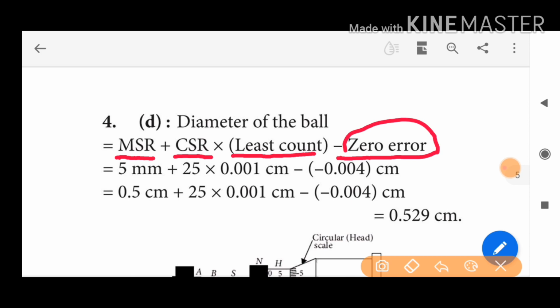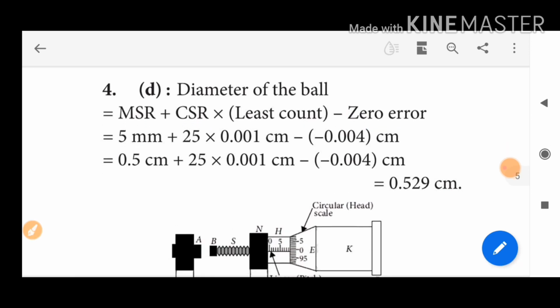Here the main scale reading is 5 millimeter, and the circular division coincides with this line, that is 25 divisions. The least count of this screw gauge is 0.001 centimeter, and the error given in the question is minus 0.004 centimeter.